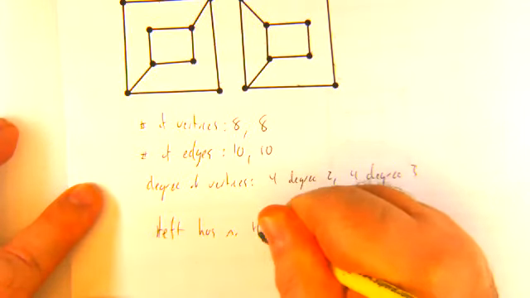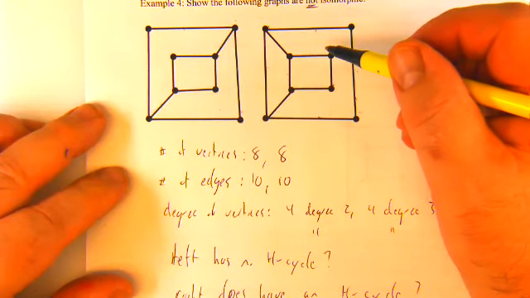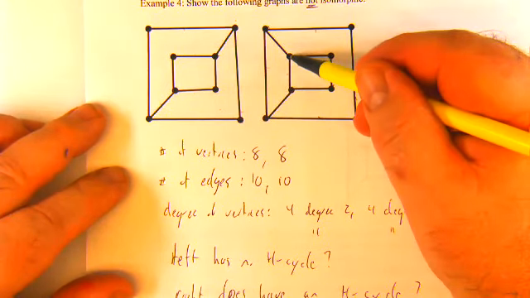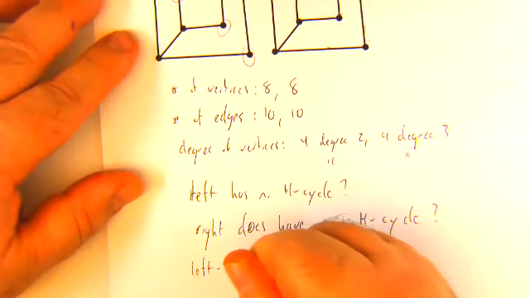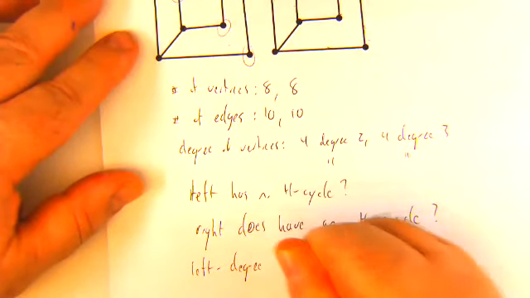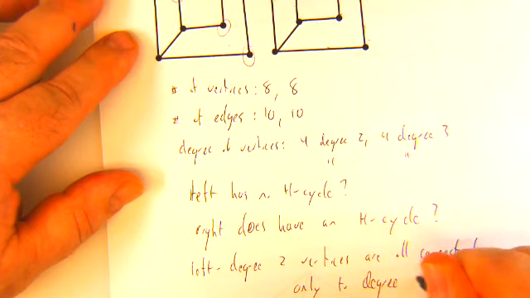So there's a couple of different ways to do this. Another property that you could look at is, what was it? This is a degree 3 vertex. Oh, right. So here, on the left, degree 2 vertices are all connected only to degree 3 vertices.